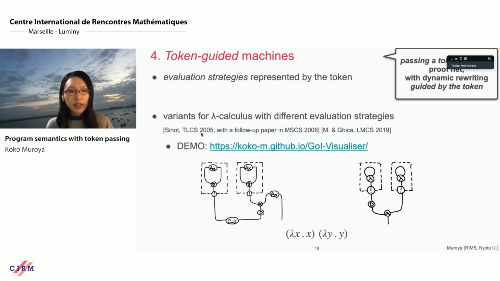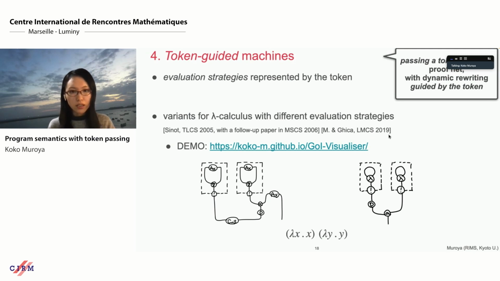And then he used interaction nets instead of proofnets. But if you know it, this can represent the same thing regarding translation of the lambda term. And then later on, I came to the same idea and developed a machine that can evaluate lambda terms with different strategies.